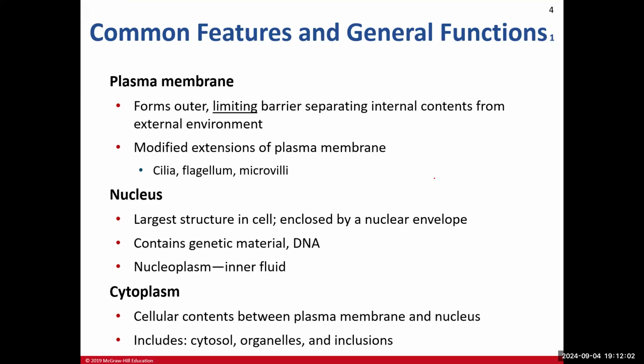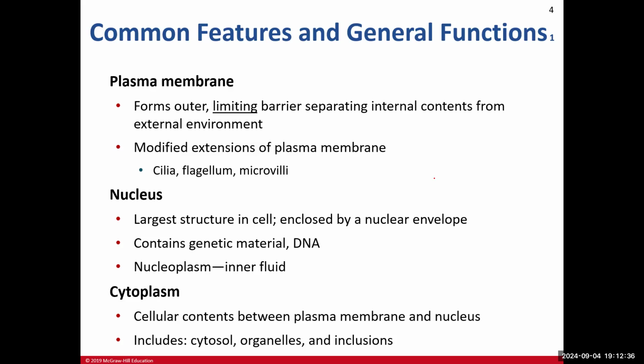So there's three parts to your cell. You're going to want to know all three of them, obviously. So you have the plasma membrane, the nucleus, and then cytoplasm. So the plasma membrane is going to be that outer part of the cell. And notice I underlined there, it says limiting barrier, okay? So what I mean by that is that the plasma membrane is responsible for the movement of substances entering into your cell and leaving your cell.